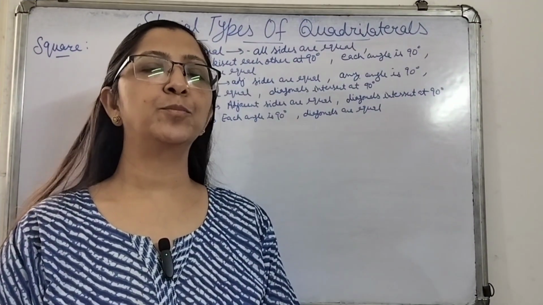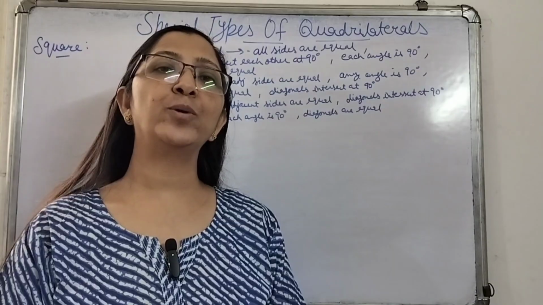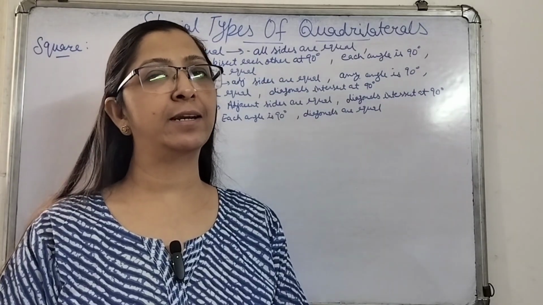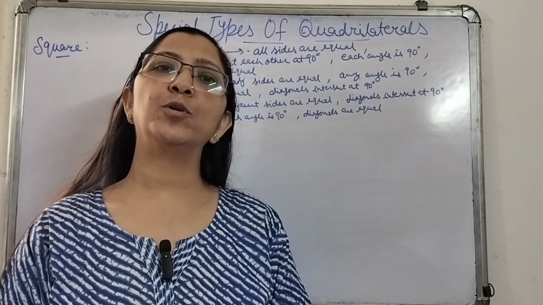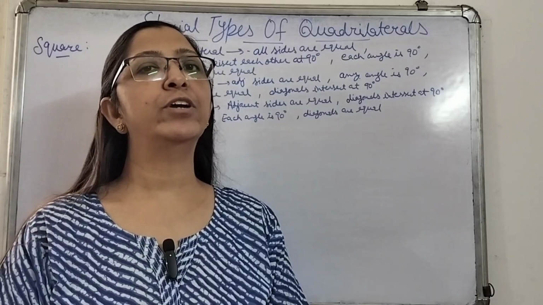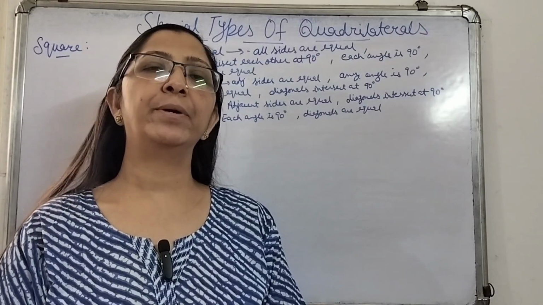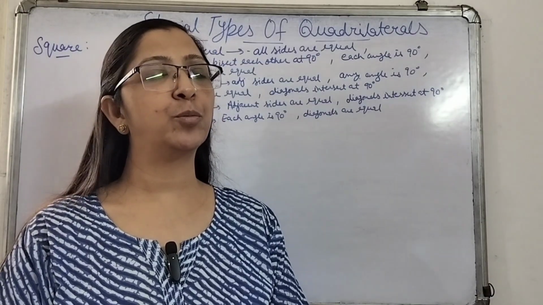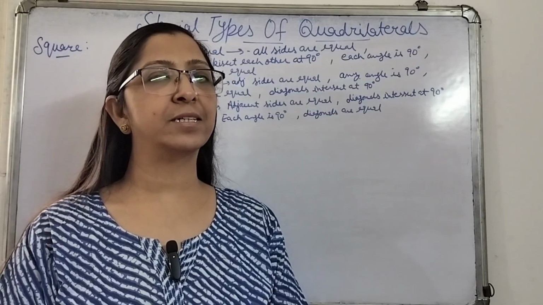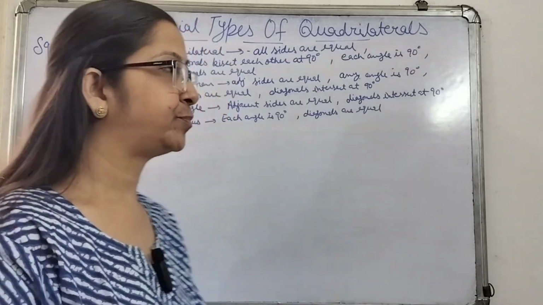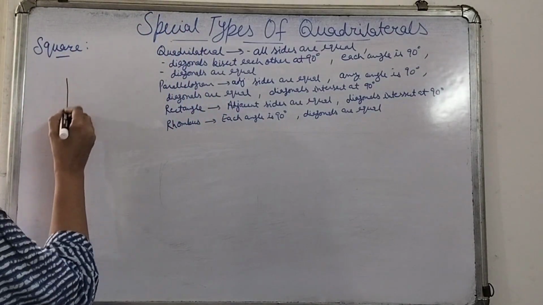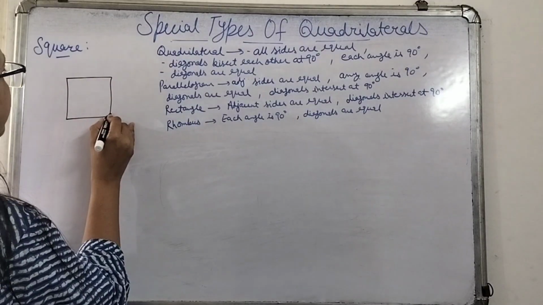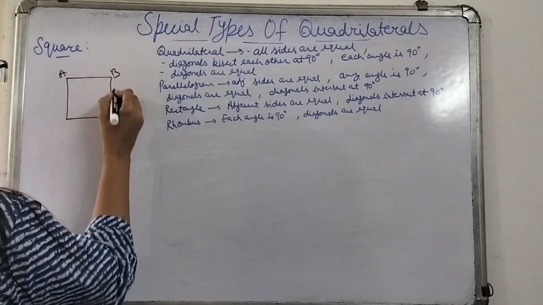Now let's understand the properties of a square. A square is also a special type of parallelogram. That means all the properties of a parallelogram are followed by a square also, but along with that it has some more properties. Let's discuss these properties. Suppose ABCD is a square.